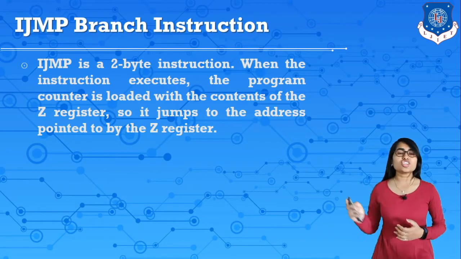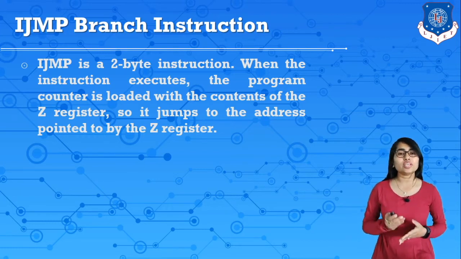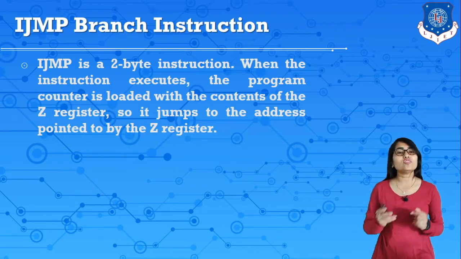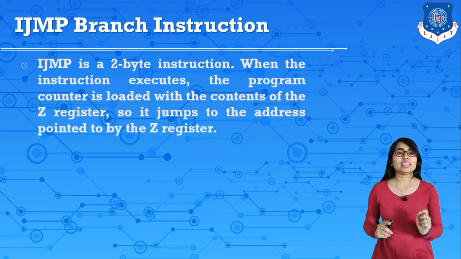This IJMP is a 2-byte instruction. When the instruction executes, the program counter is loaded with the content of the Z register. Indirect means there is no direct address given with this instruction.